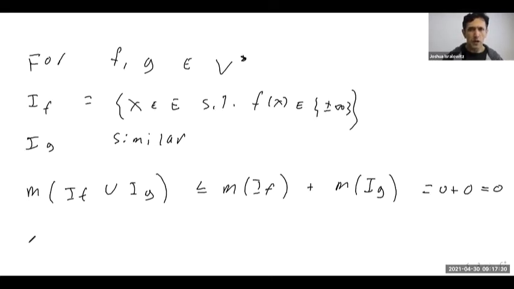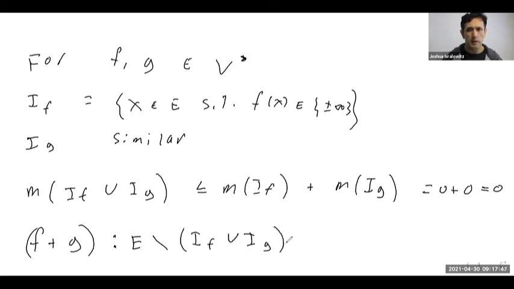We noticed last time that we can take f plus g, and it makes perfect sense as long as we take away any possibility of either f or g being plus or minus infinity. You can always add two real numbers up. And on E, take away this union, both f and g are real valued. Okay.